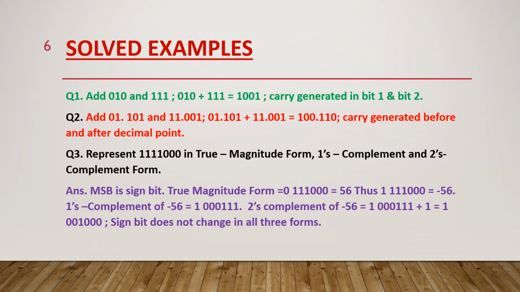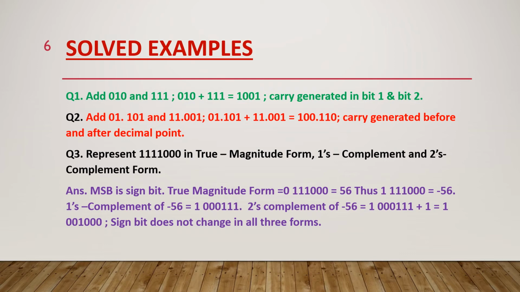1's complement of minus 56, we don't touch the sign, but then we invert all 0s into 1 and 1s into 0. So that is 1's complement of 56, 0 0 0 1 1 1 1, right? So that is 0 0 0 and 1 1 1.